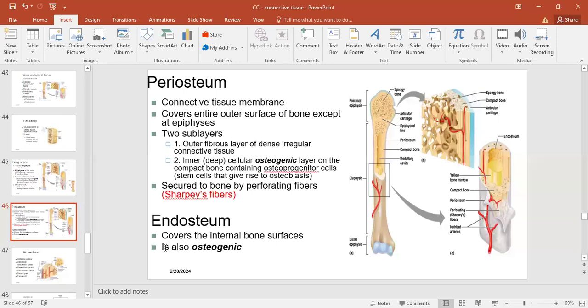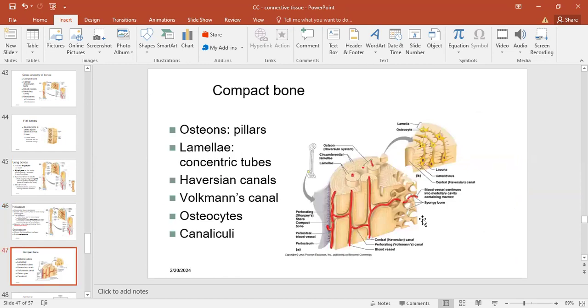Okay, and then the inner layer, the endosteum, is also osteogenic, meaning it also has precursor cells for osteoblasts, and the cells there can also produce osteoid. Okay, so when you look at the gross structure of a long bone, we start with the compact bone of the long bone.